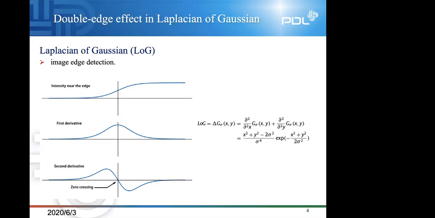It can be seen that the edge of the image is the extreme point of the first derivative, corresponding to the zero point of the second derivative, called zero crossing. Then the edge of the image could be delineated if the zero crossings were found.